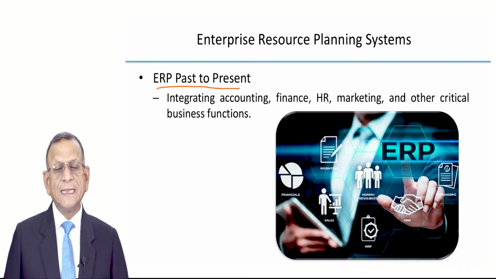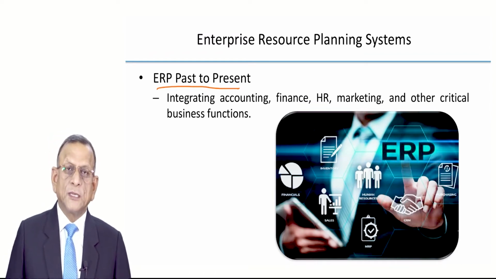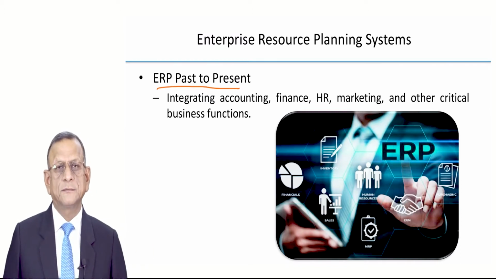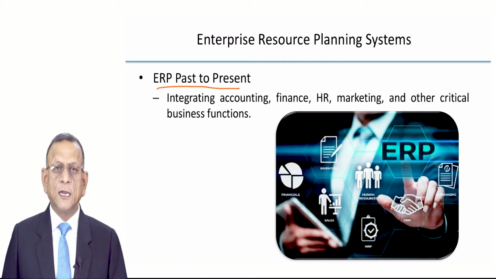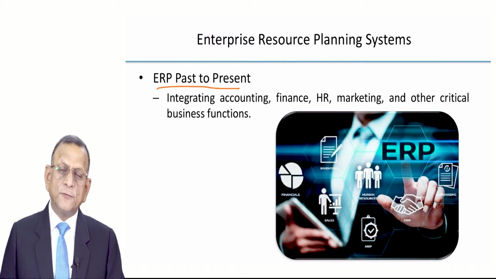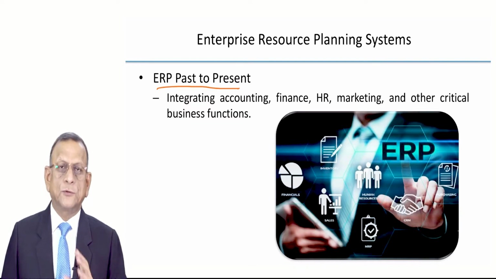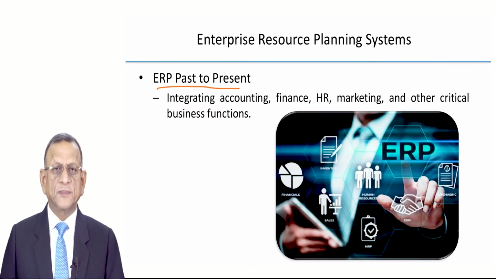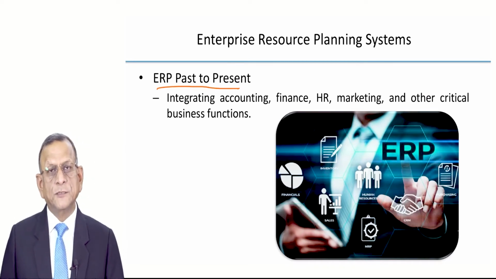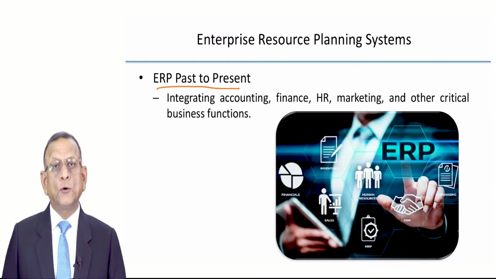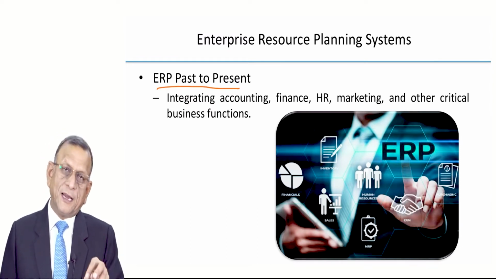Now, this billing software got enhanced to accommodate the availability of items in the store also, meaning what kind of commodity is available and what kind of commodity is not available will also be known to this enhanced software.